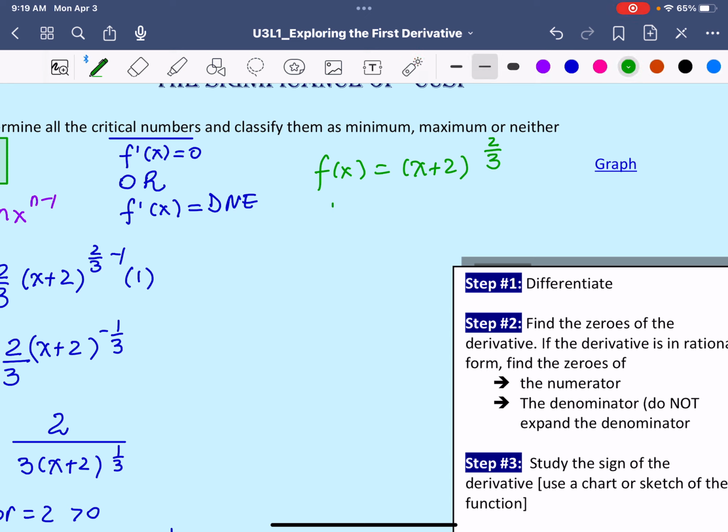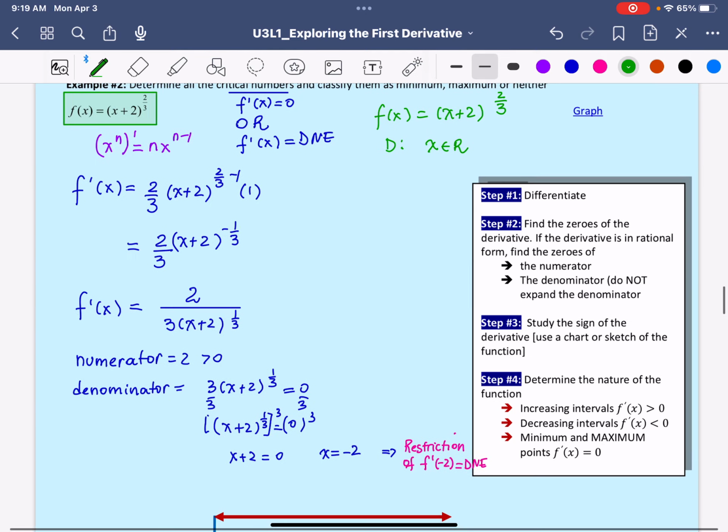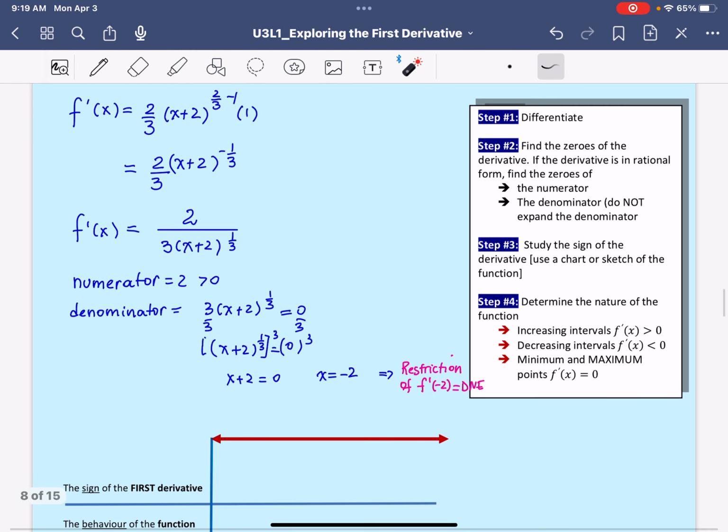Therefore, we're going to say that the domain for the function would be any real number x, whereas the domain of the derivative is restricted at x equals negative 2. So x equals negative 2 is a critical point, and we are going to place x equals negative 2 on the number line and start studying the chart.